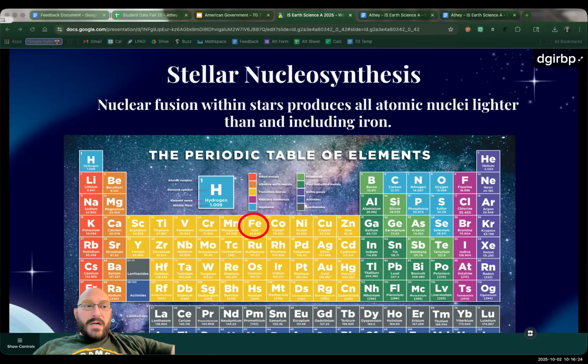I could smash together neon and oxygen, and I could get argon. So we've got to smash these things together, but we need enough power, enough energy, enough pressure to do that.